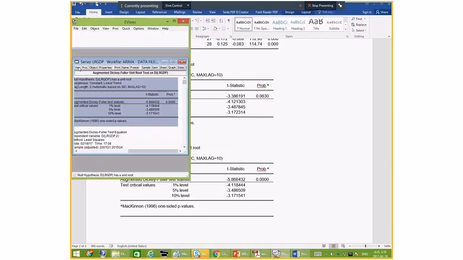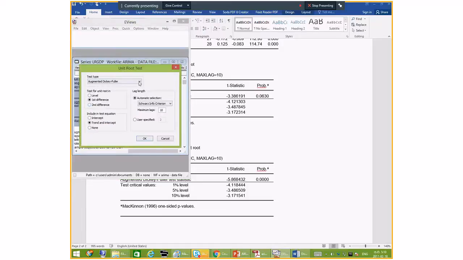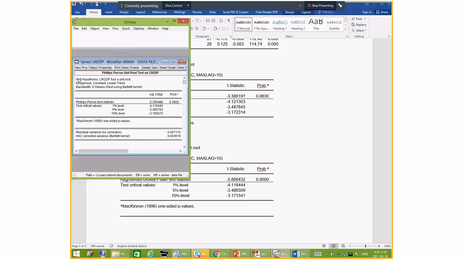Then do the unit root test, the Phillips-Perron test. First go for the levels. Levels are non-stationary.